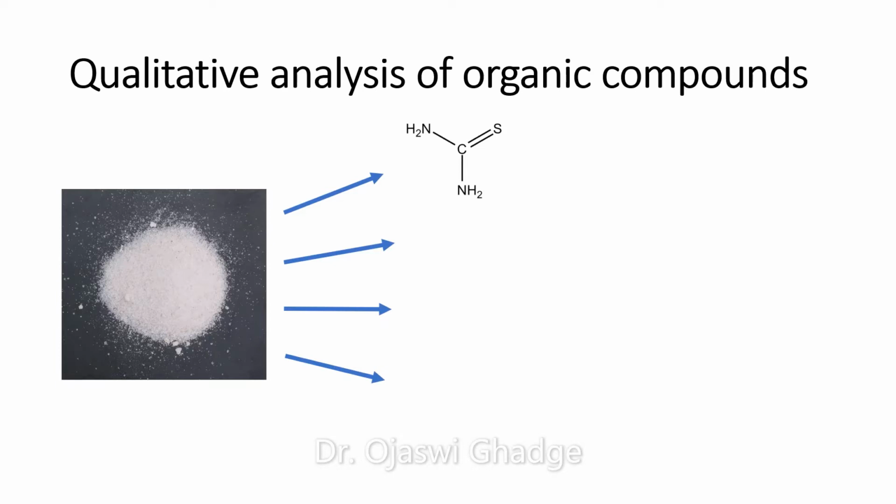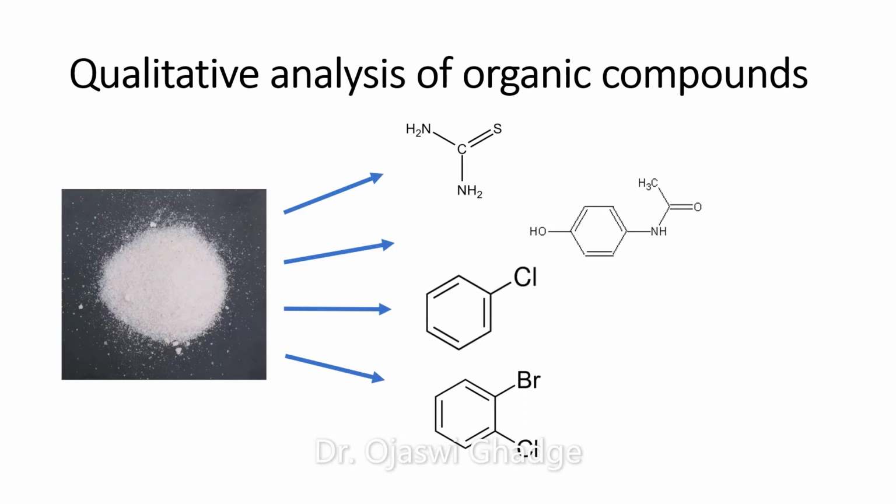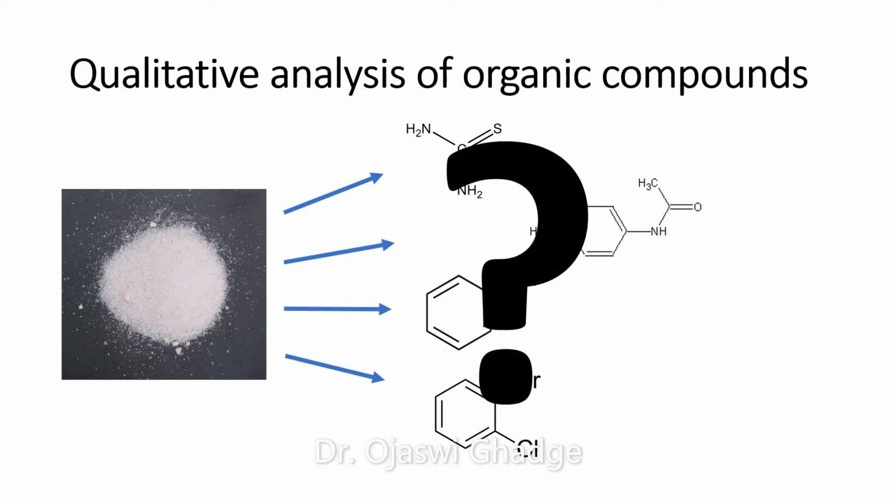It may be a compound containing an amino group or sulfur, or it may have an aromatic nature, it may have the benzene ring or carboxylic acid group, or the amide group could be there, or it may have halogens in it. So among these, which elements are present in this particular compound, or what type of structure this compound will have, all this we will be studying in this video.